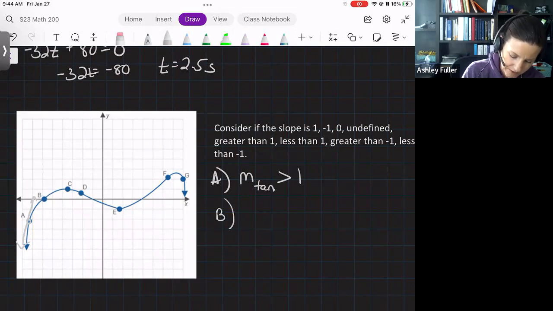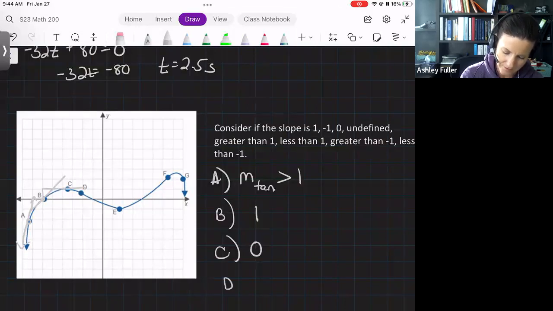B, if we look at that line, we can draw a tangent line, and I go up and over. The slope in this case is exactly 1. Looking at C, you're going to notice here the tangent line goes straight across, so the slope is 0.